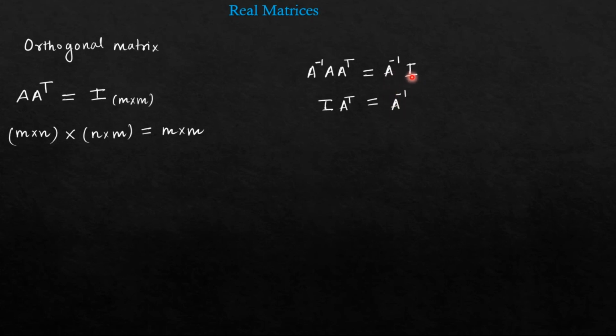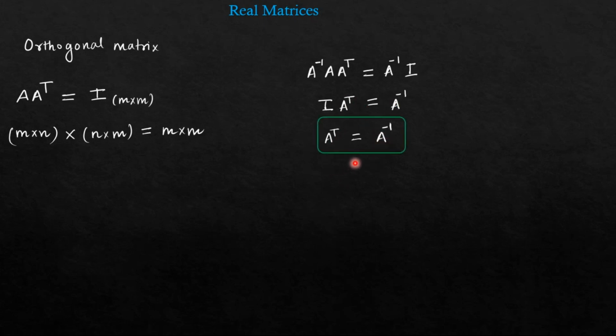A inverse into the identity matrix is A inverse. We can see that 5 into 1 is 5, 2 into 1 is 2. Any number multiplied with 1 is the same number, so we can treat the identity matrix as 1. Now again, identity matrix into A transpose is nothing but A transpose. So A transpose is equal to A inverse.